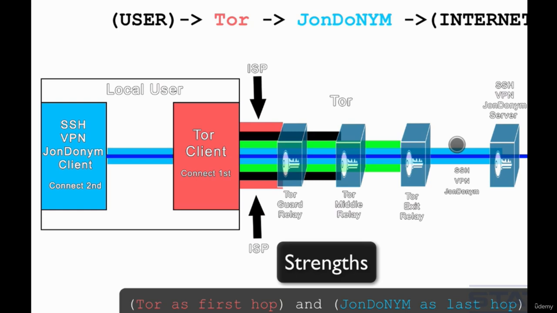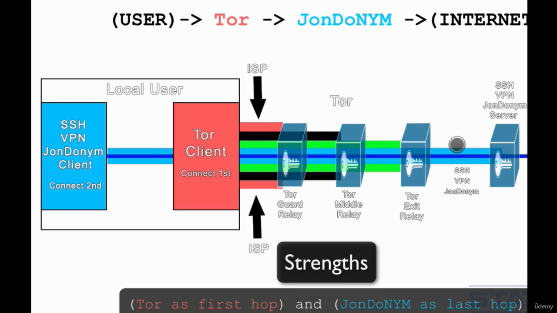And after that, the user goes to SSH, VPN, JonDonym, and then Tor and internet.onion, your desired target. So here SSH, VPN, and JonDonym are first hop and Tor is last hop.